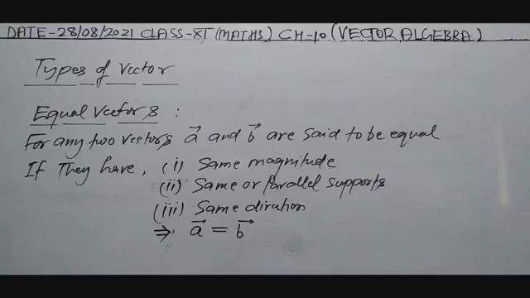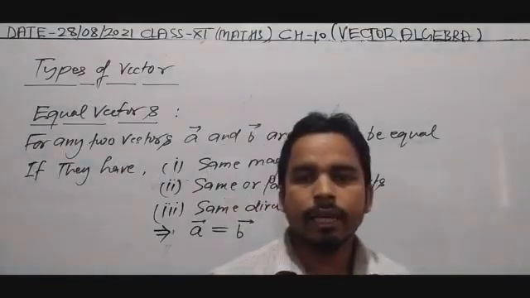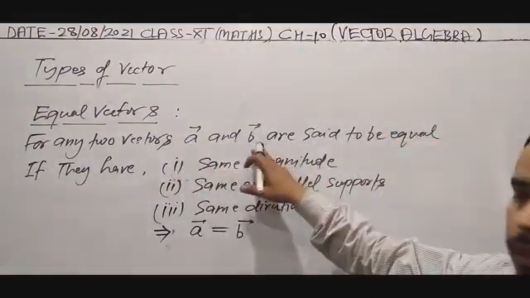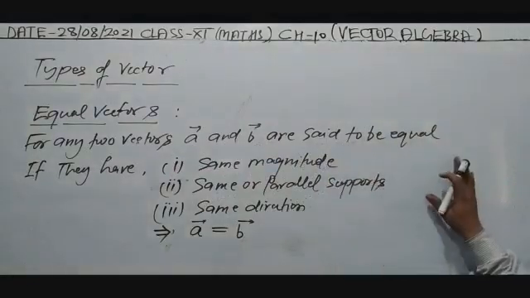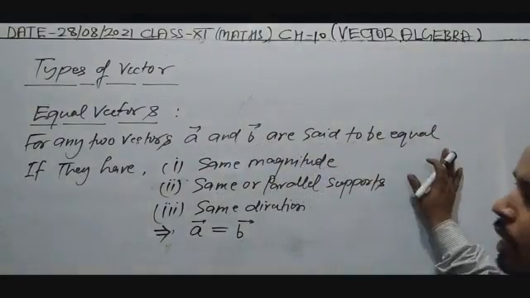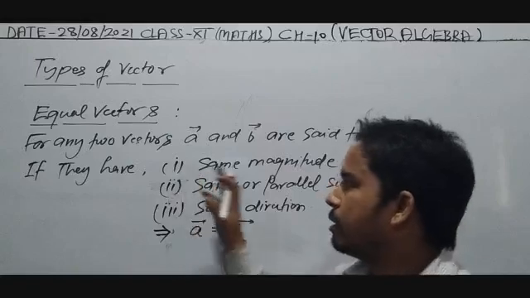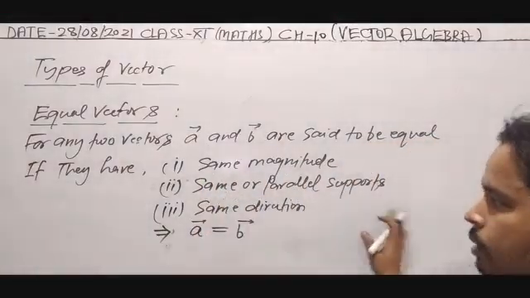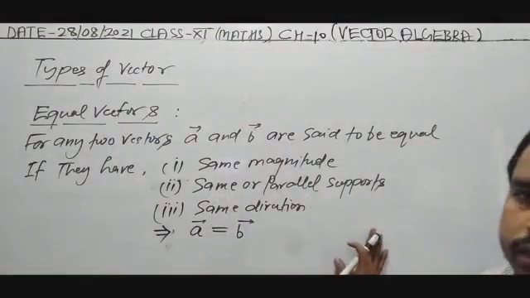Consider vector A and vector B. These vectors are said to be equal if they have the same magnitude, same or parallel support and same direction.